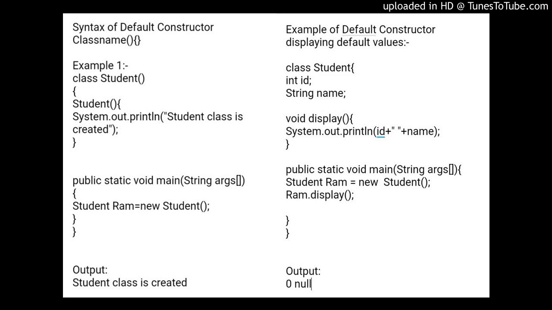As soon as you create a new object of the student class, the output will be "student class has been created", because the println statement has been written within the constructor, and the constructor is the first thing that gets executed once you run a Java program. If there is no constructor in a class, the compiler will create a default constructor.